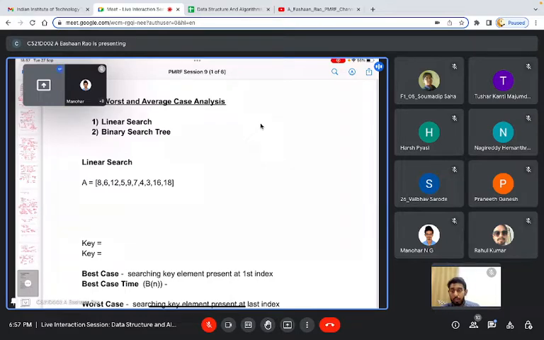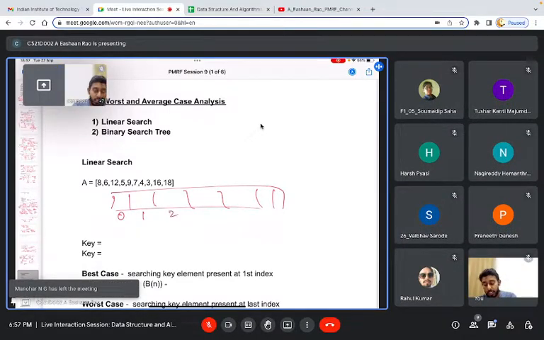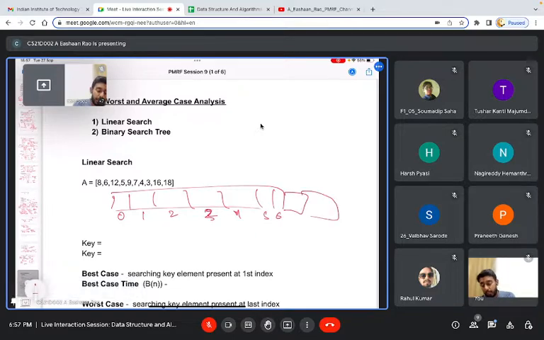We'll go through two famous examples, linear search and binary search. Given an array, we have some indexes with respect to it, 4, 5, 6, something like that. For linear search, when we say case, we have to see that if we give a certain input and expect a certain output, how fast it comes in terms of the time function.